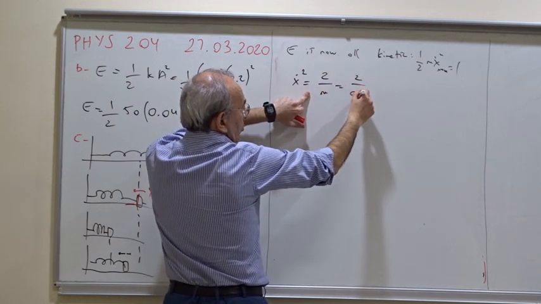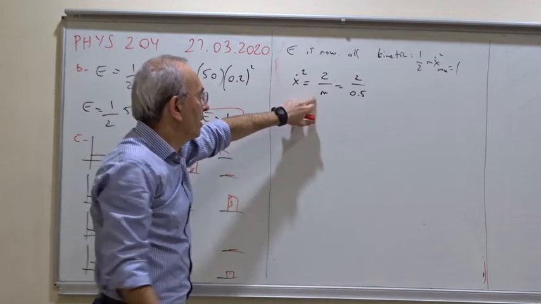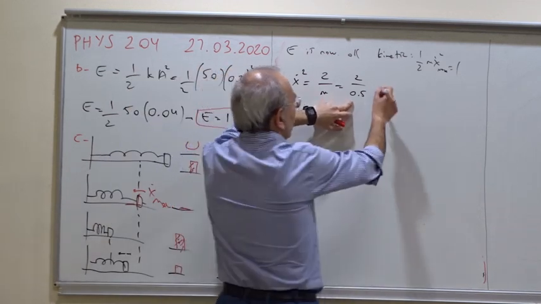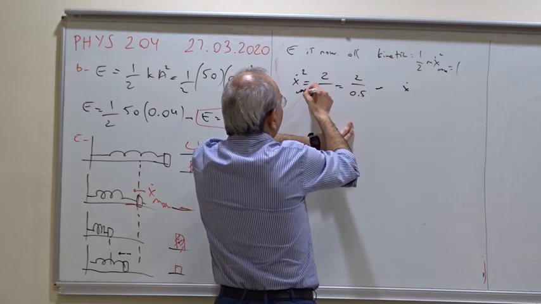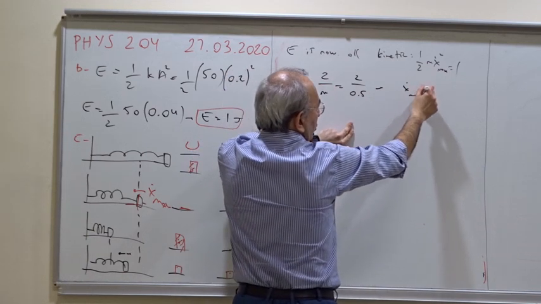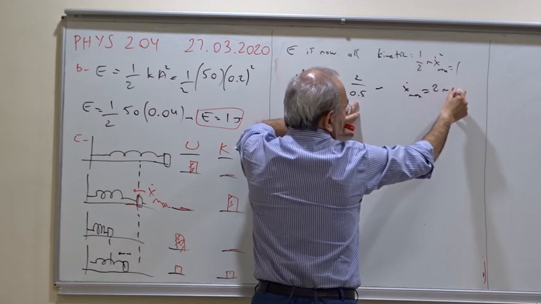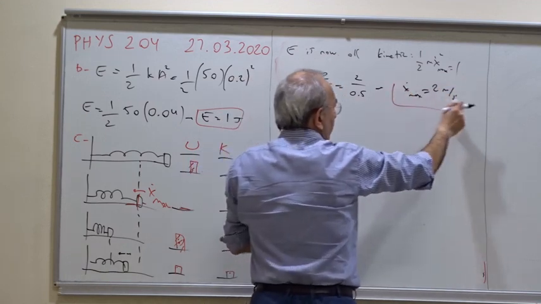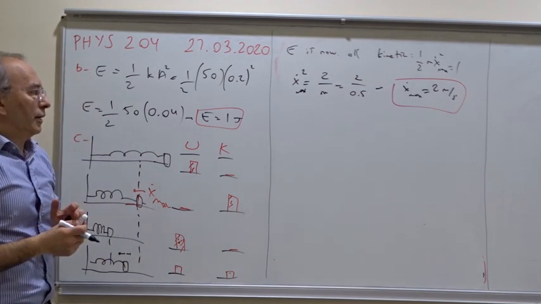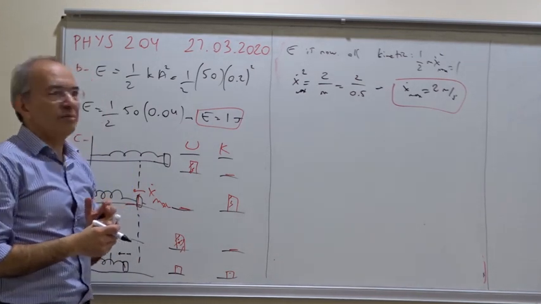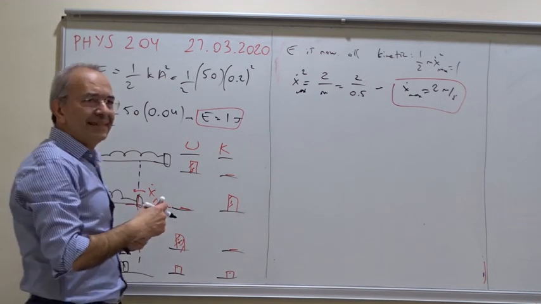What is that? 0.5 kilogram. So this ratio is 4, so that x dot maximum velocity is just 2 meters per second. So we obtain the first 3 parts. Now part D.